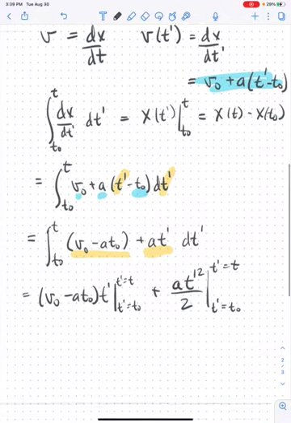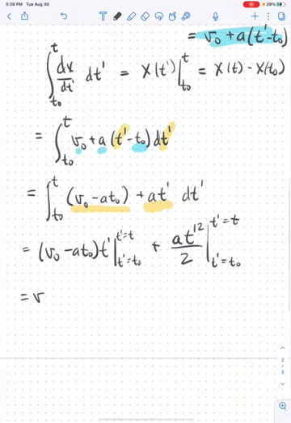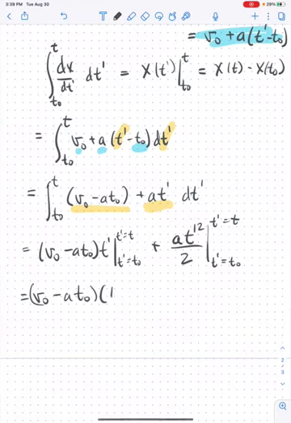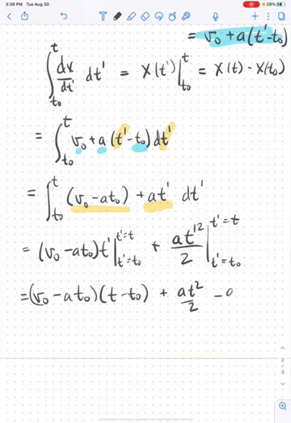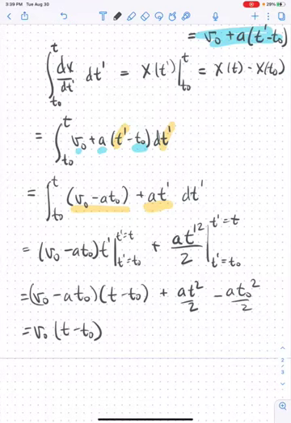Okay, so let's plug those in. So we've got v naught minus a t naught times t minus t naught plus a t squared over 2 minus a t naught squared over 2. Now we're going to rearrange some things. So we're going to pull out all our a terms together and all of our v terms together. So we've got v naught times t minus t naught. That's all our v terms.